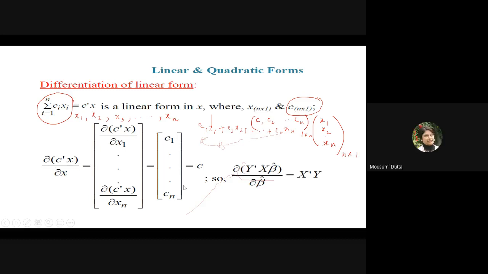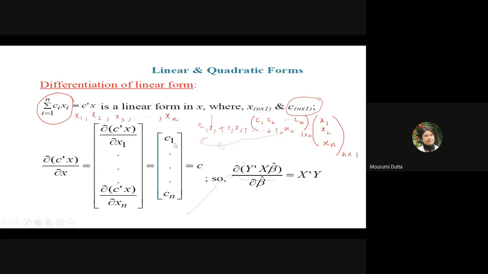this mechanism. I started with c prime x, where c is of order n by 1. When we are taking the derivative, I have to consider the column-wise derivative following the basic structure of c. So when we take the derivative of c prime x with respect to x1, actually I am taking the derivative of c1 x1 plus c2 x2 plus cn xn.